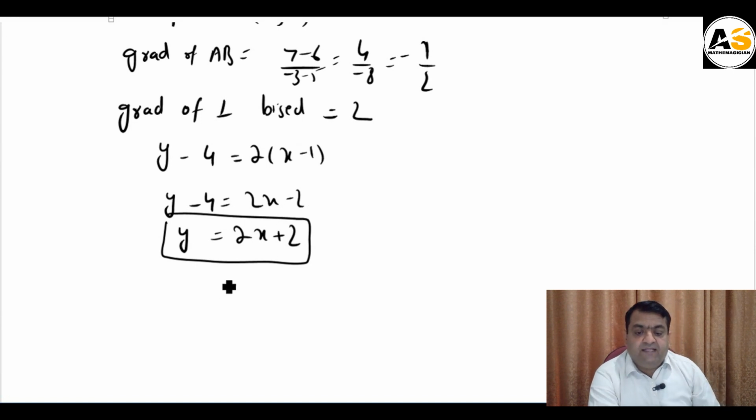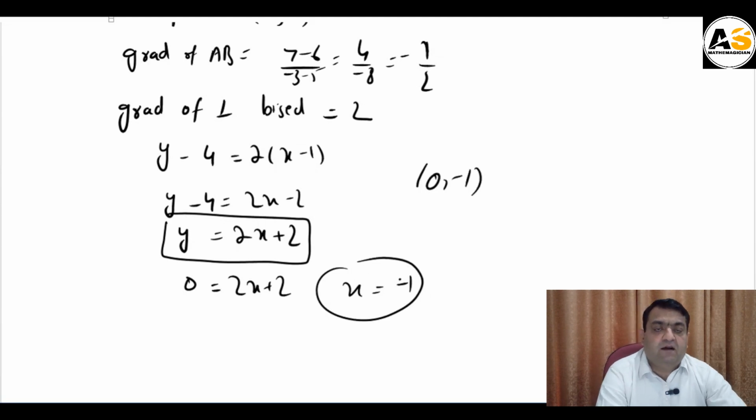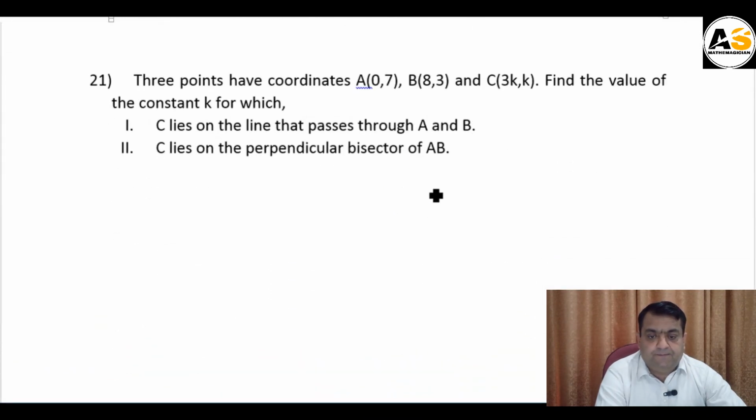So for y is equal to 0, we will get x is equal to minus 1. So (minus 1, 0) is the point at which this graph, the perpendicular bisector of AB, crosses x-axis.